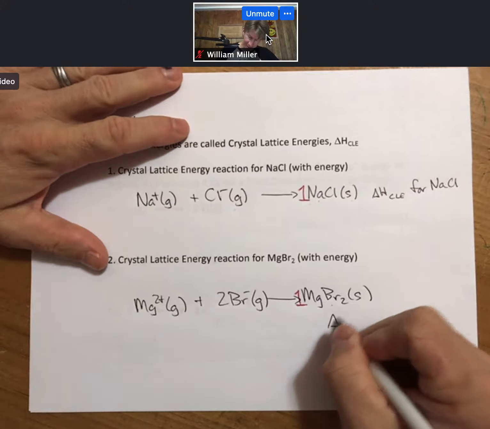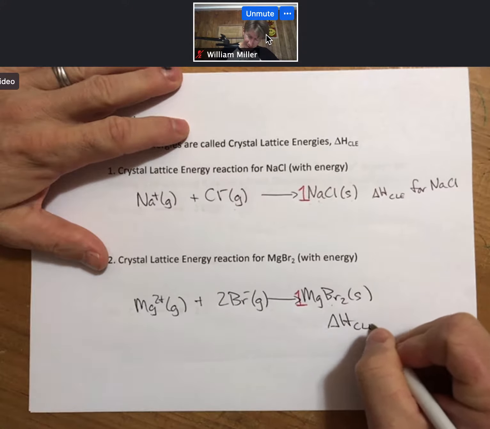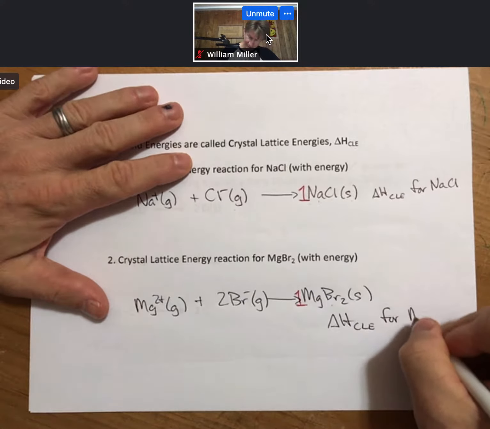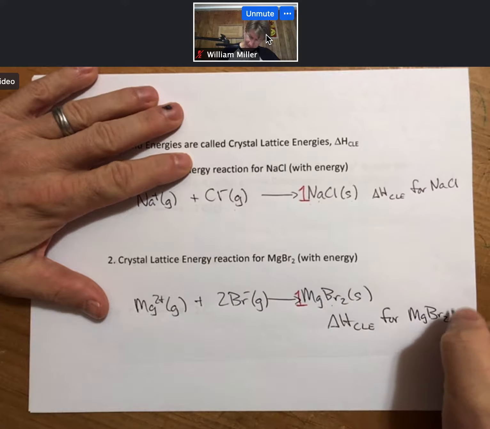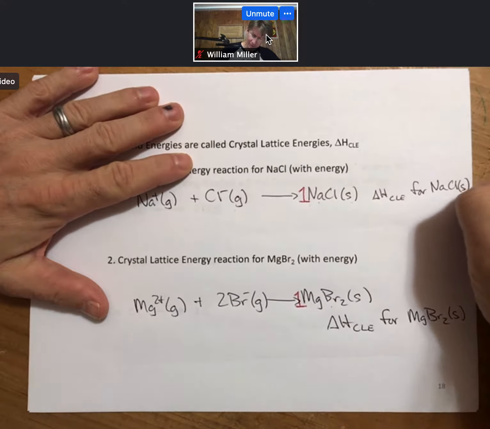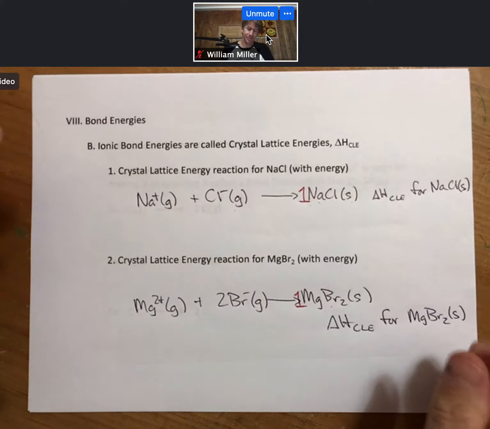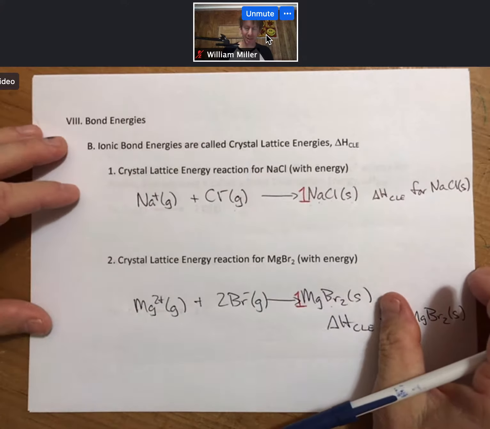So this would be a delta H CLE, crystal lattice energy, reaction for magnesium bromide. And I guess I should put solid there for both of those too. Of course it's solid because it's a crystal, but I'd rather be over-expressive than not expressive enough.